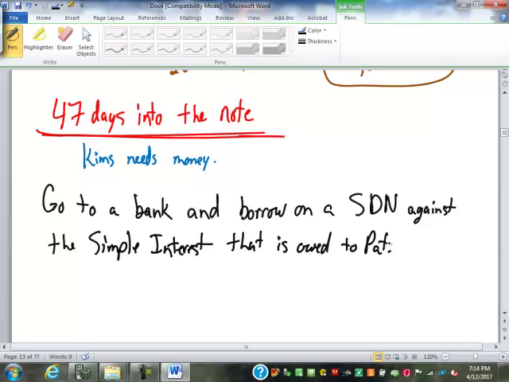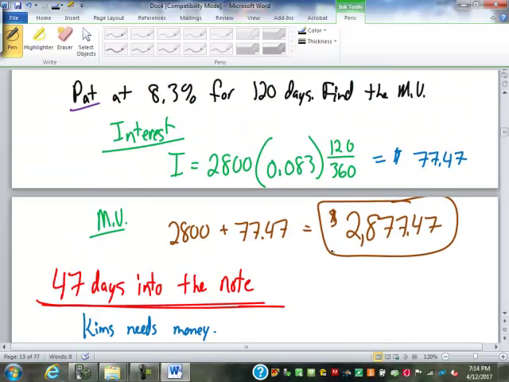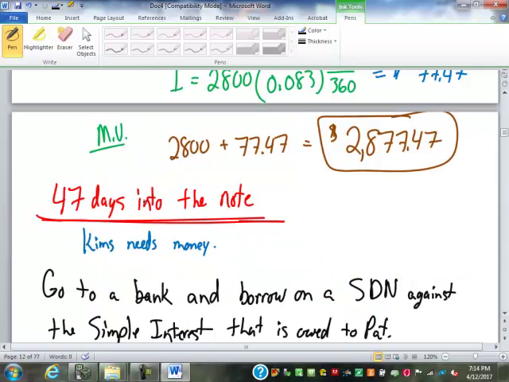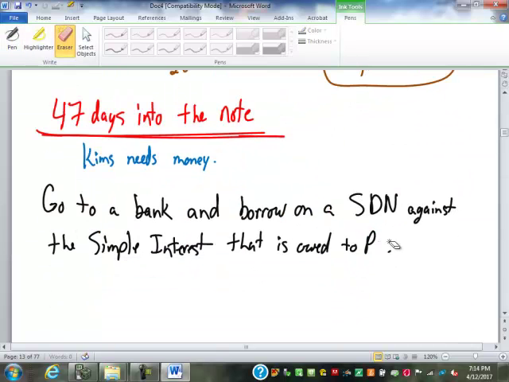So Pat has this money that is going to be paid back, owed to Kim. Kim has this money that Pat owes her, but she can't touch it until Pat pays her back, and she needs it before then. So she goes to the bank and says, hey, I have this money that is owed to me. What will you give me for it?